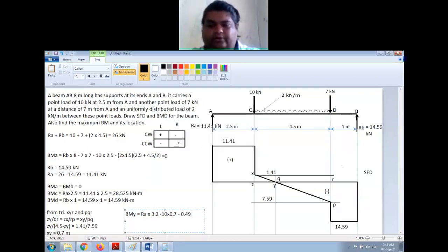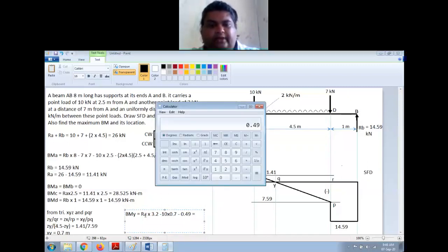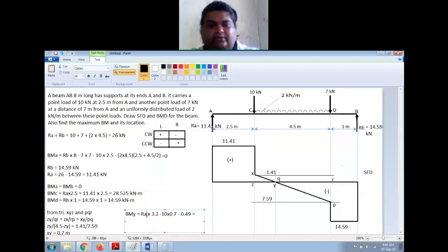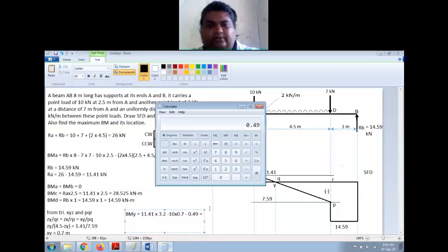So minus 0.49, and RA value is 11.41. So 11.41 into 3.2 minus 10 into 0.7 minus 0.49. So it is 29.2.